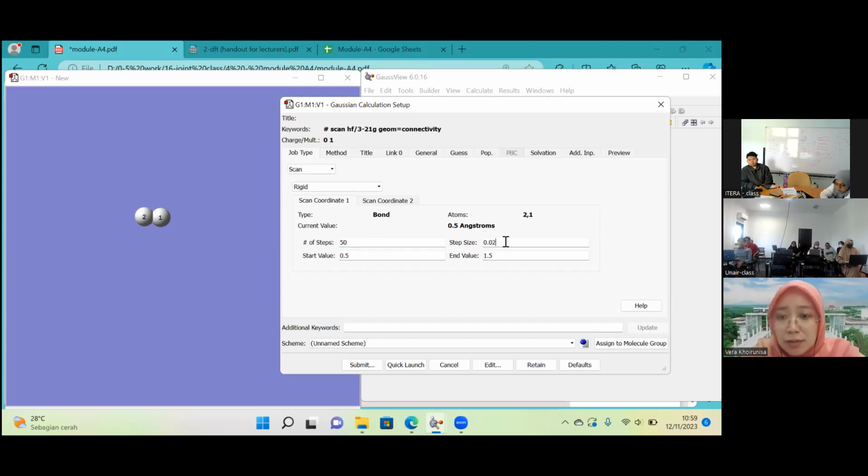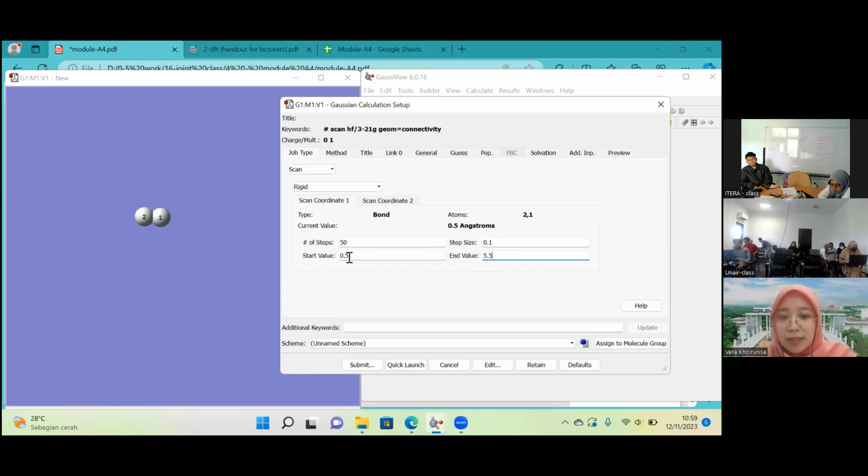So this is 0.1. So the end value will be 5.5. So we start at 0.5 and then 50 steps multiplied by step size 0.1. So the calculation will end at 5.5. So this is in angstrom.